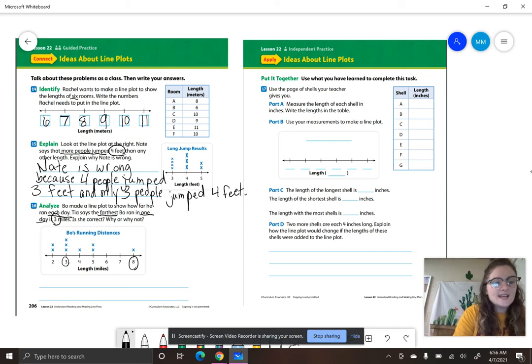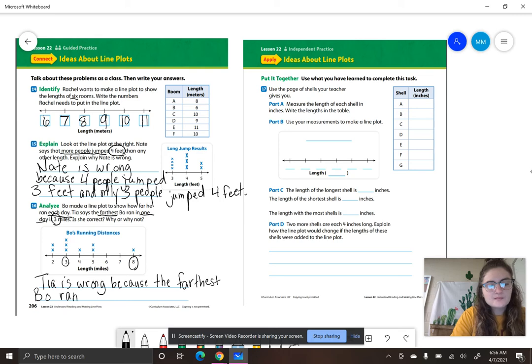So we're going to say Tia is wrong because the farthest, there's that suffix est, the farthest Bo ran was, what was the farthest he ran? 8 miles.